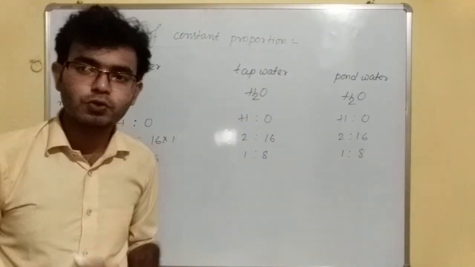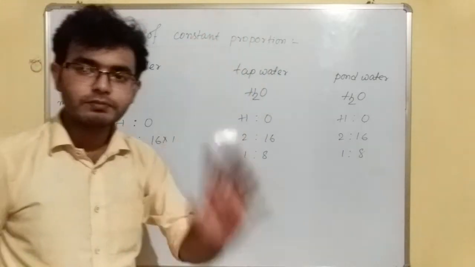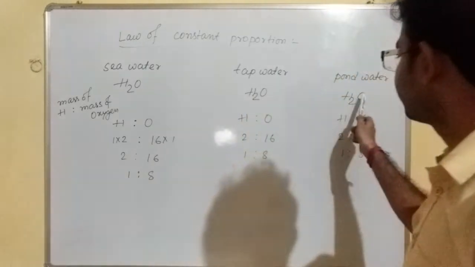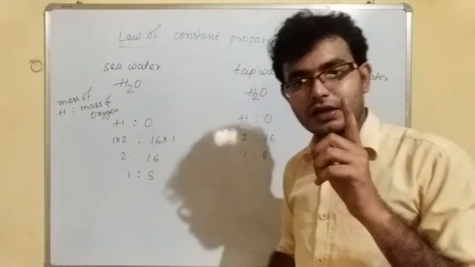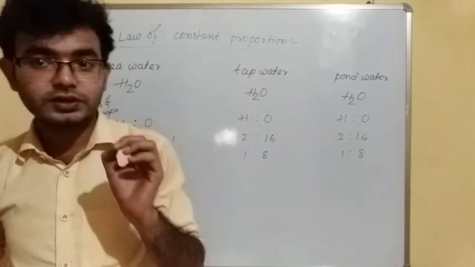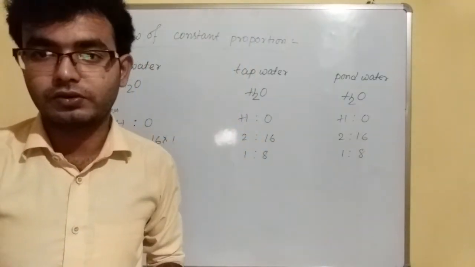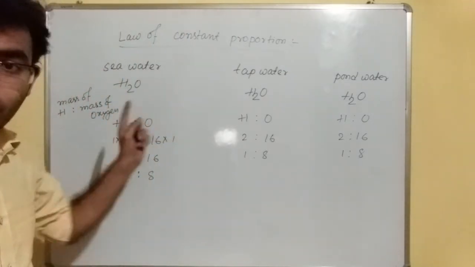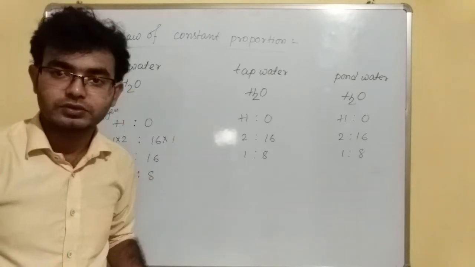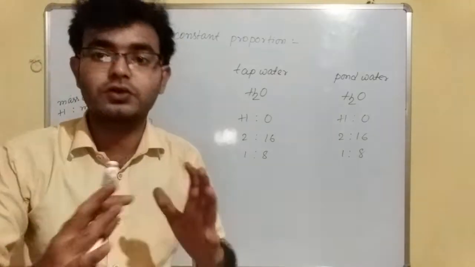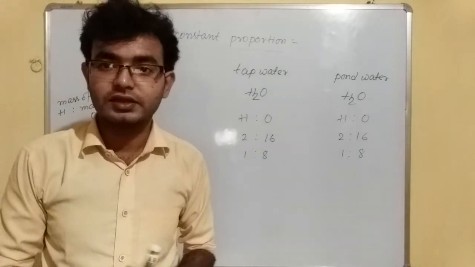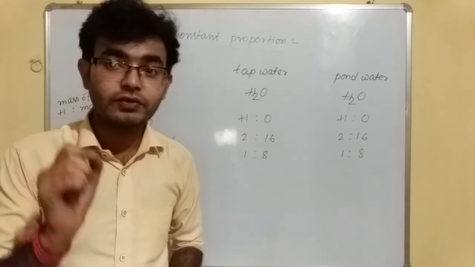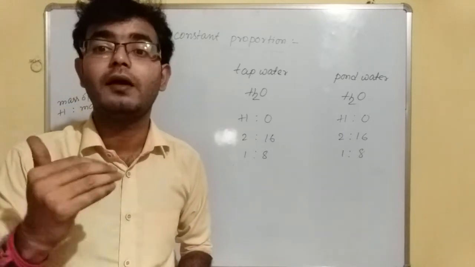Whatever the source of the compound, if it is a given compound, then the ratio of the masses of the elements present within the compound is always constant. So in a given substance, the elements are always present in a definite proportion by mass.